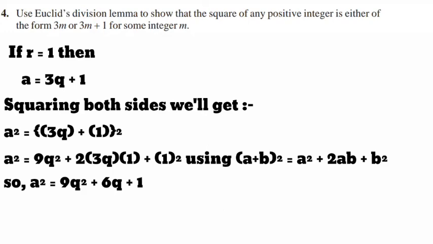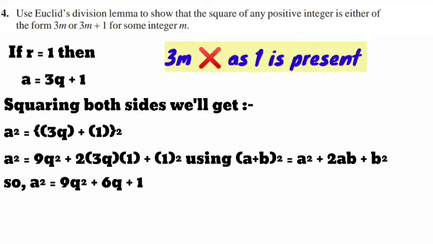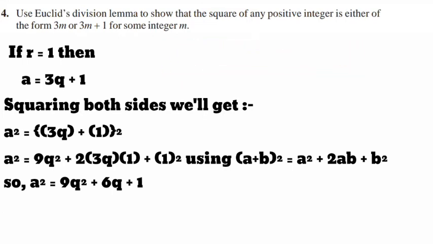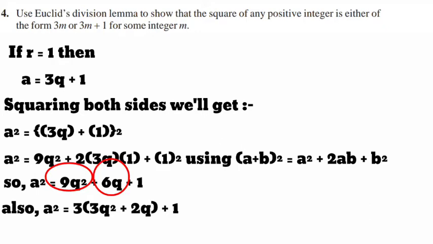We have to make it 3m plus 1, as it cannot be 3m. So how can it be done? We can take 3 common from both the terms, 9q square plus 6q, and a square will be equal to 3 into 3q square plus 2q, plus 1.